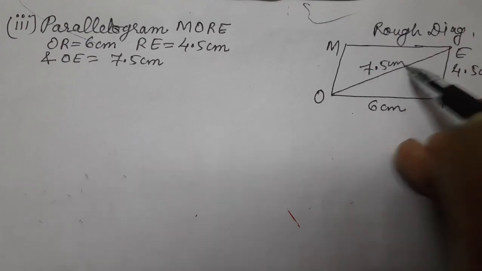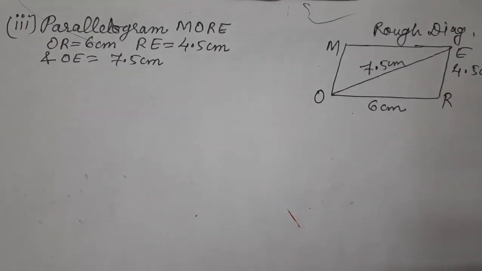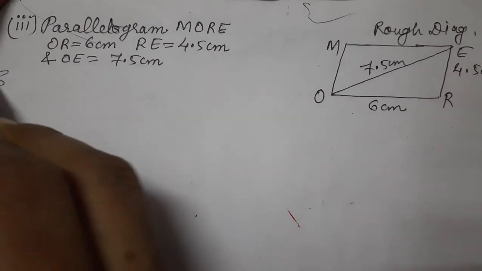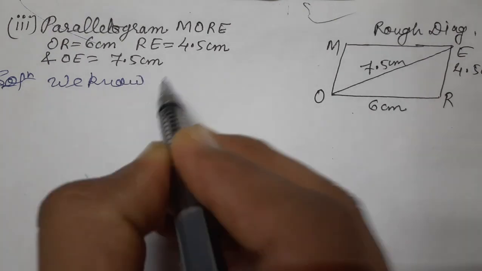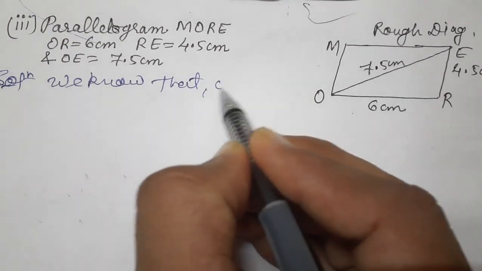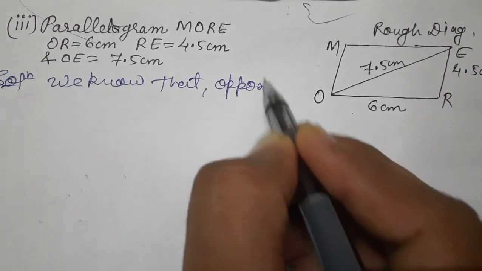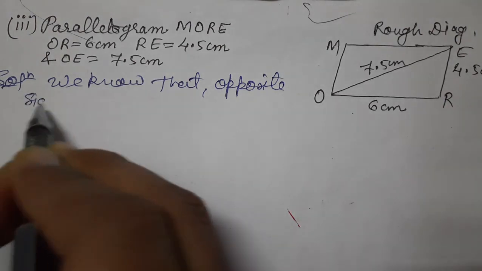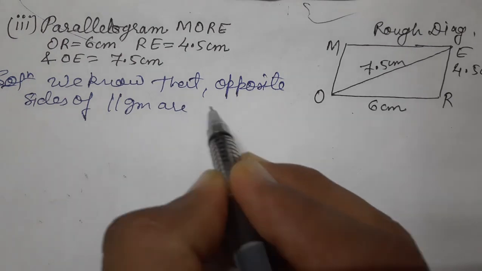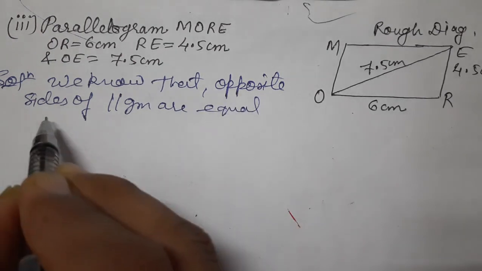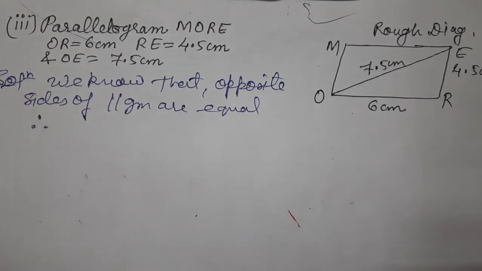Now children, we know the properties of a parallelogram, so we'll write the properties of a parallelogram. Since we know that opposite sides of a parallelogram are equal, what result will we get with this property?